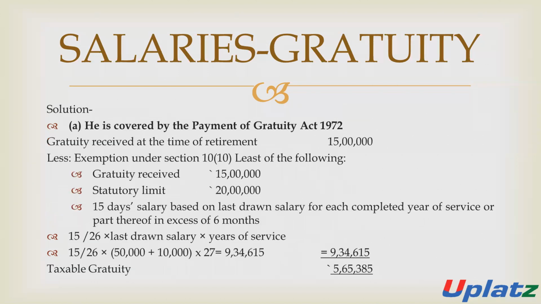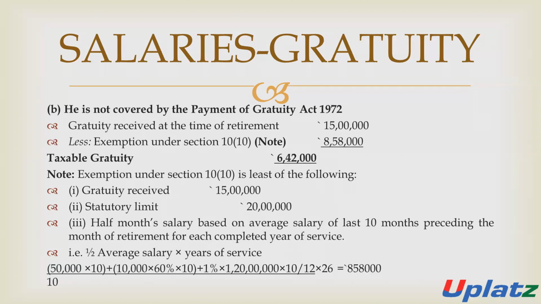As per point 1, when he is covered under the Payment of Gratuity Act, the taxable amount is 5,65,385 rupees and the exempted amount is 9,34,615 rupees. As per the second point, when he is not covered by the Payment of Gratuity Act 1972, the exempted amount is 8,58,000 and the taxable amount is 6,42,000 rupees.